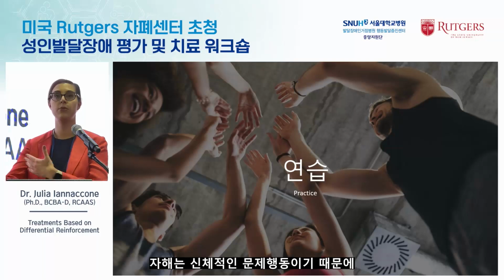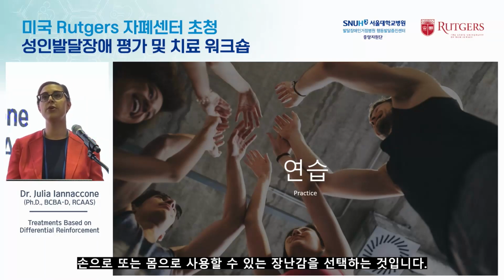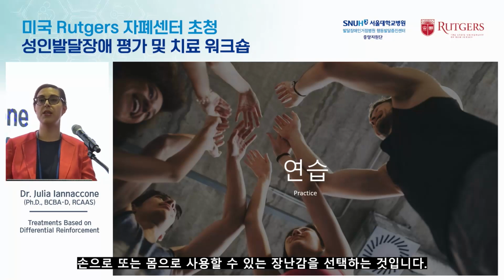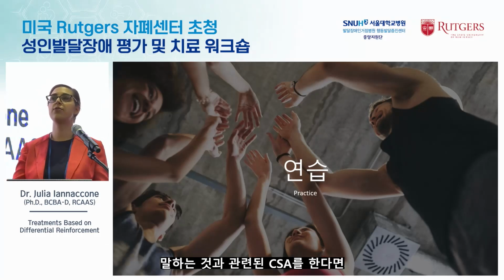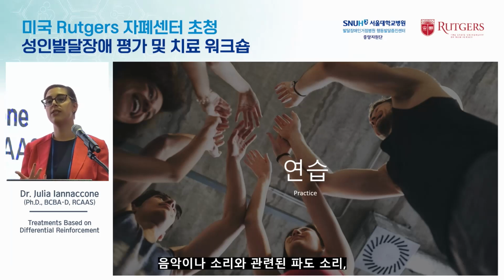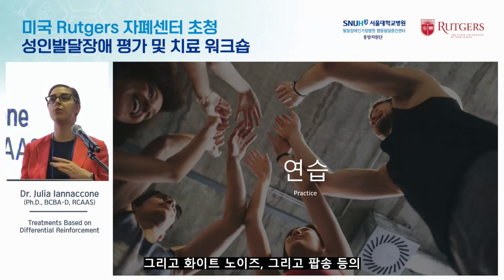So self-injury is a physical problem behavior, so that's why we're using physical toys. If you were to treat maybe screaming, something vocal, something that we've done is an auditory CSA. So we try different kinds of sounds, like maybe classical music versus ocean wave sounds or white noise or pop music.